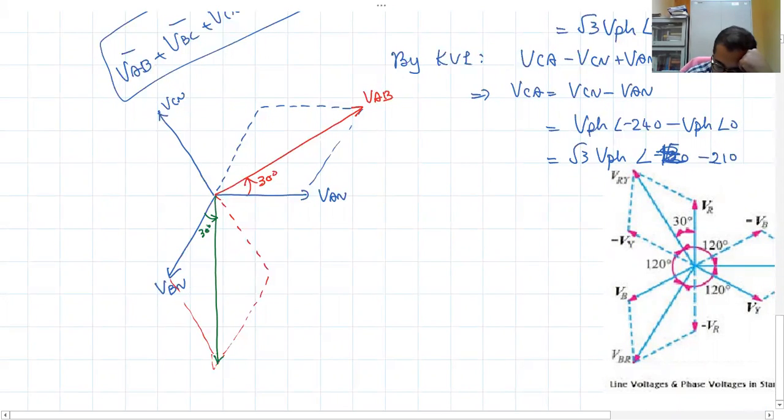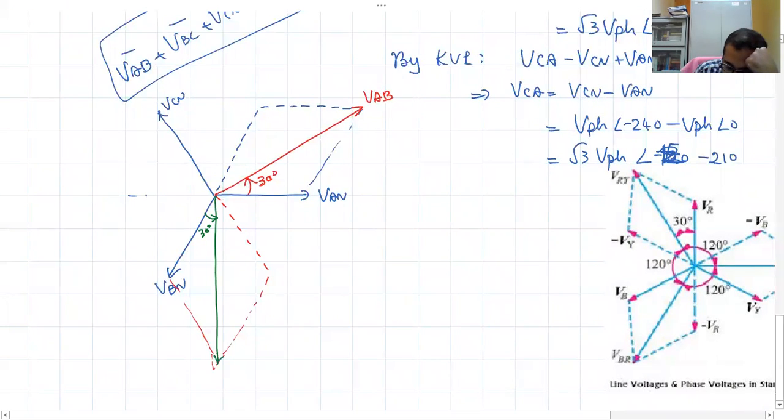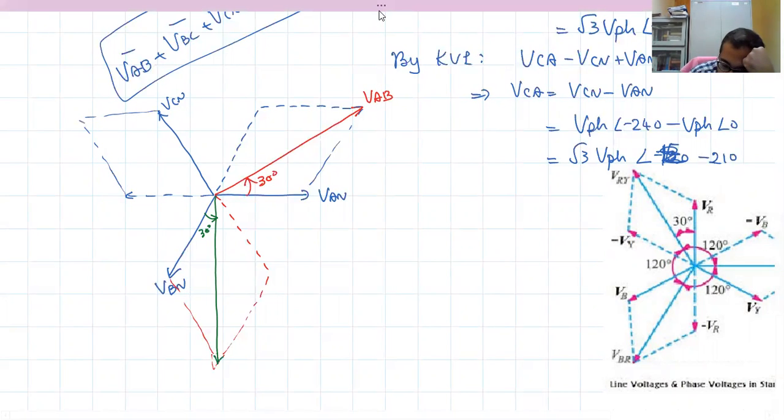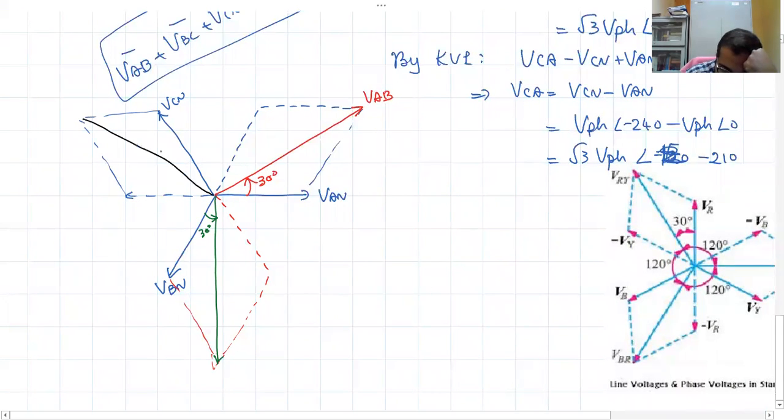VCN minus VAN. This is minus VAN, so VCA will be somewhere here. It will be leading VCN by 30 degrees, that is what is shown here.